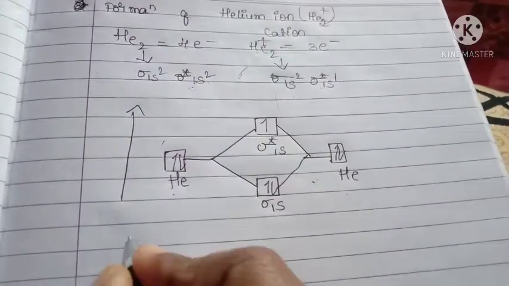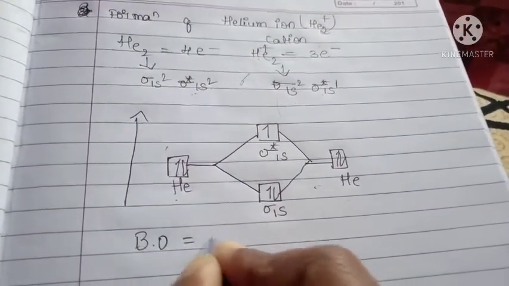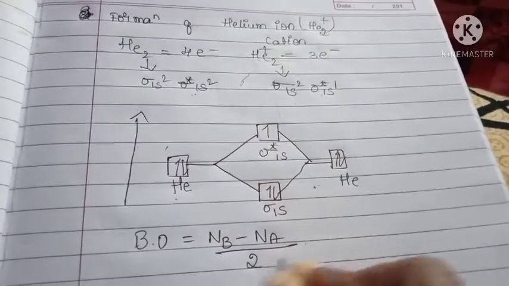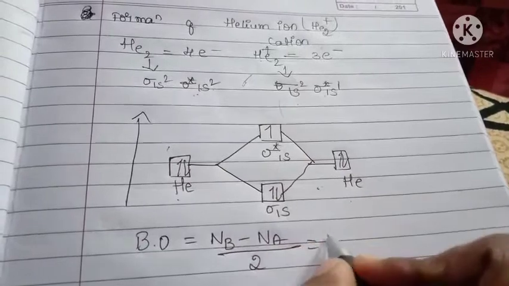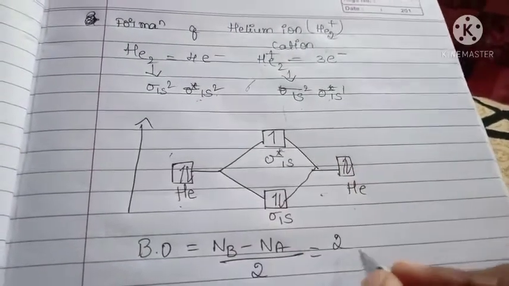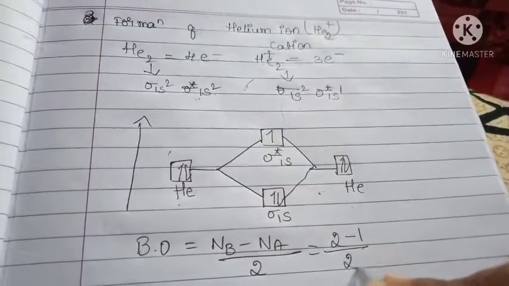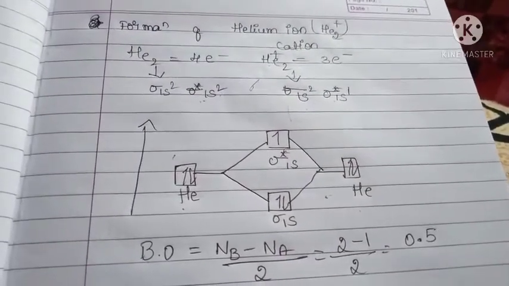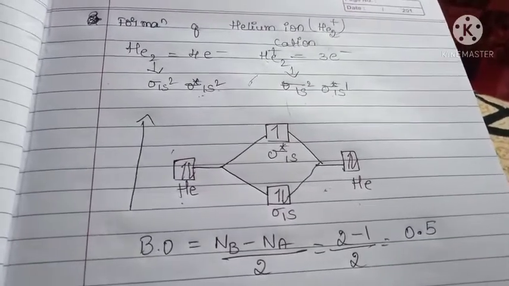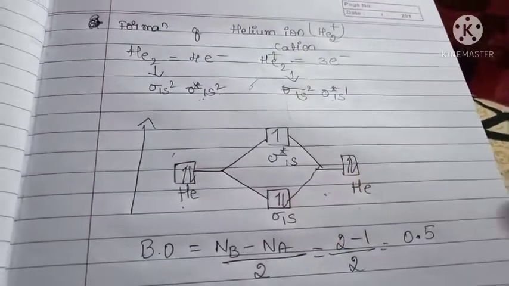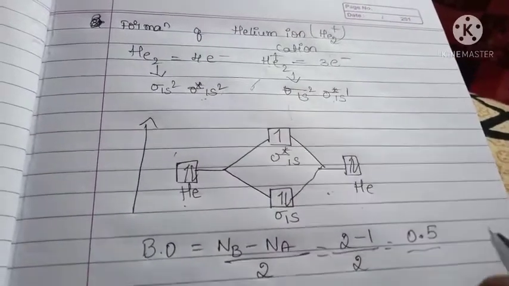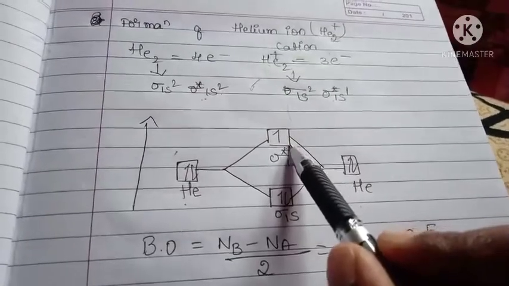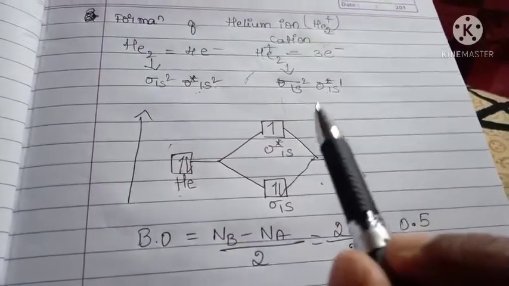Then we calculate the bond order: Nb minus Na divided by 2, Nb is 2, Na is 1, is equal to 0.5. So compared to the helium molecule, the helium cation is stable because it has a bond order to form the bond. Also it is paramagnetic because it has an unpaired electron.